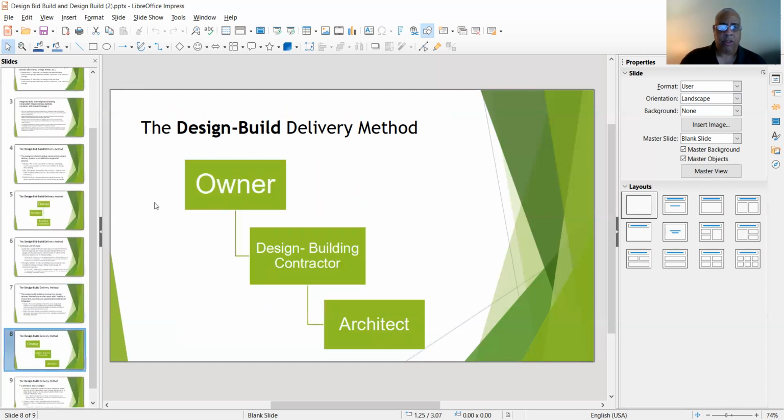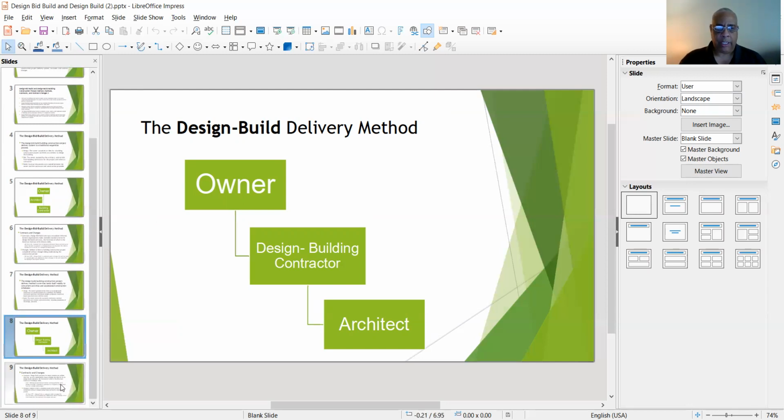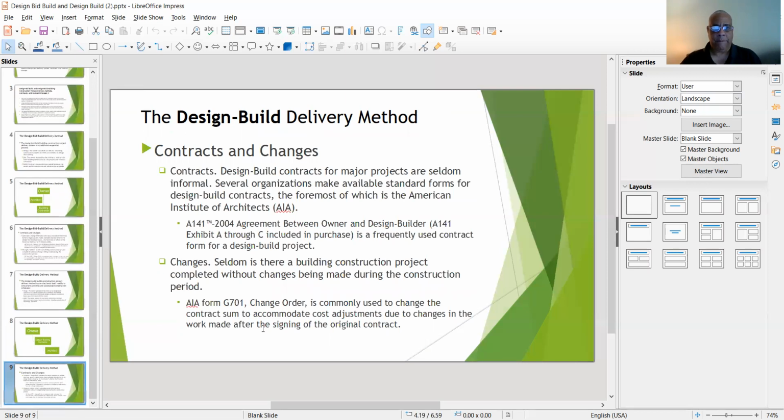Now, here is the design build delivery method. Go from the owner to the design building contractor, then to the architect. And finally, when we deal with the design build delivery method with contracts and changes, you're in a contract. I'm going to tell you that design build contracts for major projects are seldom informal.